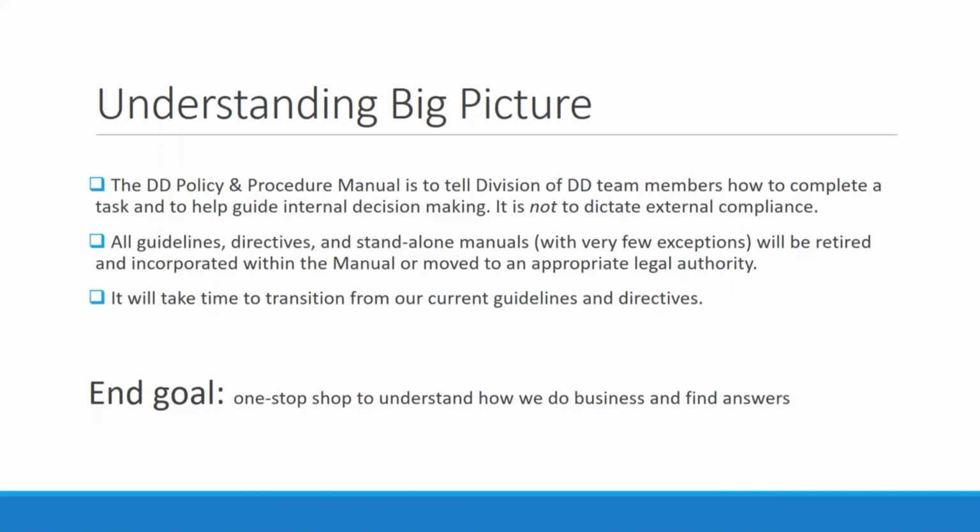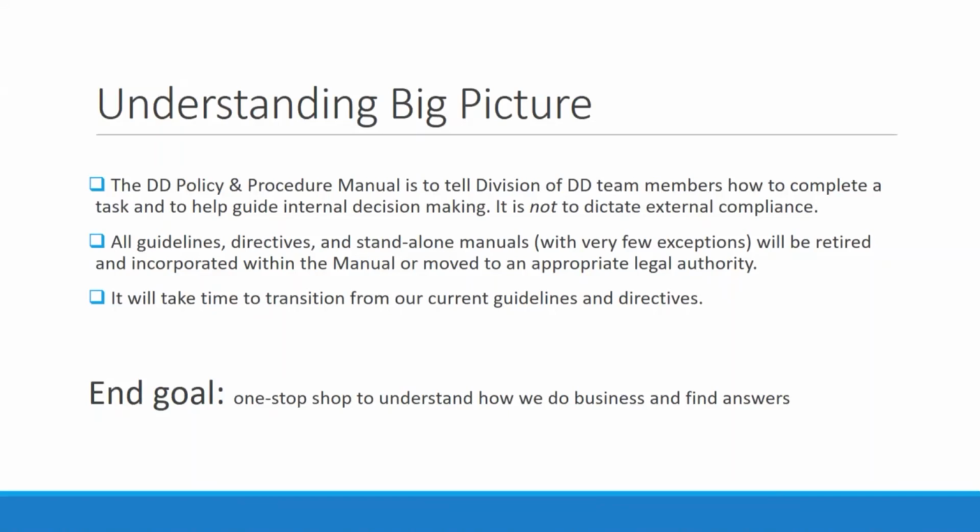Again, standalone manuals, I said there will be a few exceptions, but a lot of the standalone manuals include a lot of policy and they include a lot of procedure. So with the standalone manuals, I think it's a matter of trying to tease that out. What is actual policy and what should belong in the procedure? And then there's some material in there that's just kind of FYI information for external stakeholders.